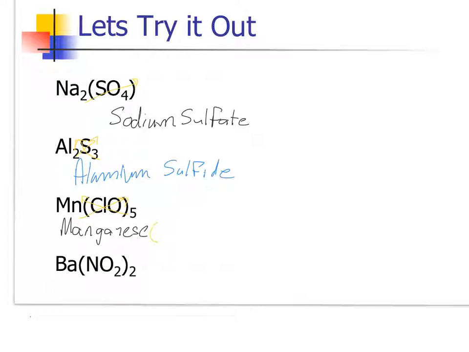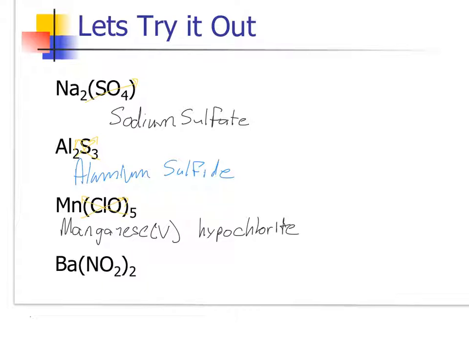So I have manganese(5) hypochlorite. Now, some of these examples may or may not happen in nature, and that's because I don't want you to be able to Google everything.